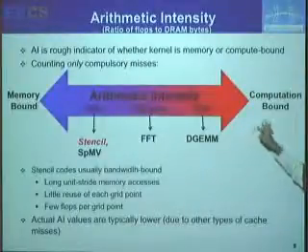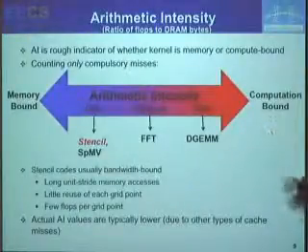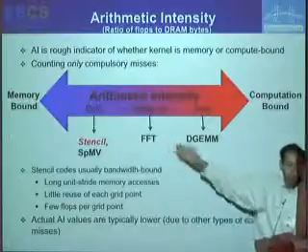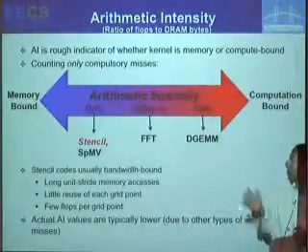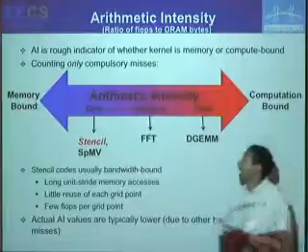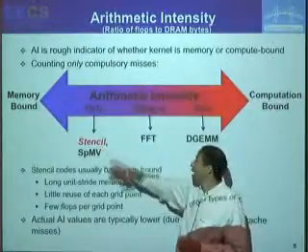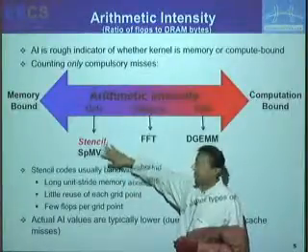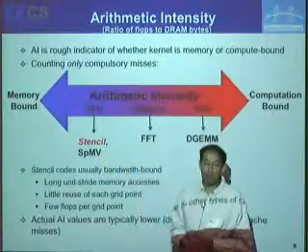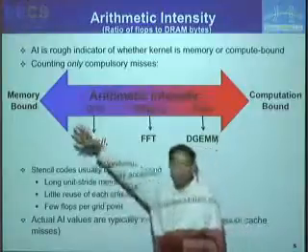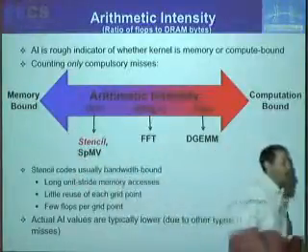So this pushes towards the computation side of things, towards being compute bound. FFTs are O of log n, so they could be either computation or bandwidth bound. And in our case, we actually have constant arithmetic intensity. That's the case for both stencils as well as sparse matrix vector multiply, as well as a lot of other kernels, and this is going towards the memory side of things. For stencils, at least the 7-point stencil, we're only doing 8 flops per point, so we expect to be bandwidth bound rather than compute bound.